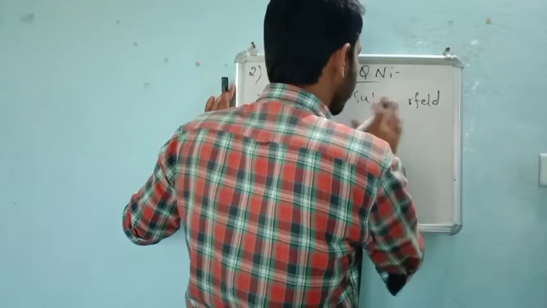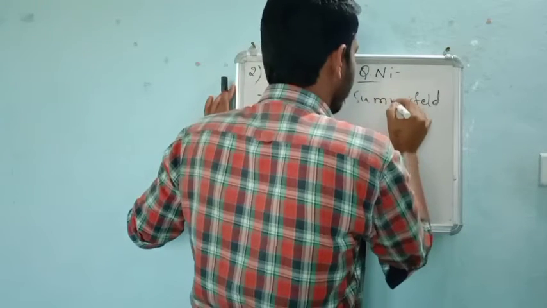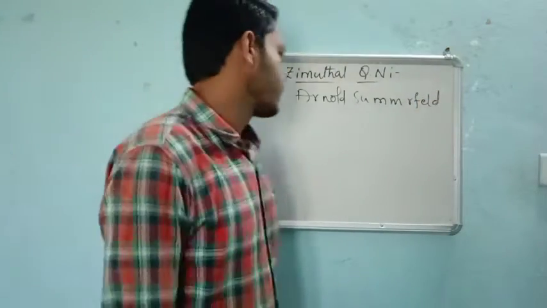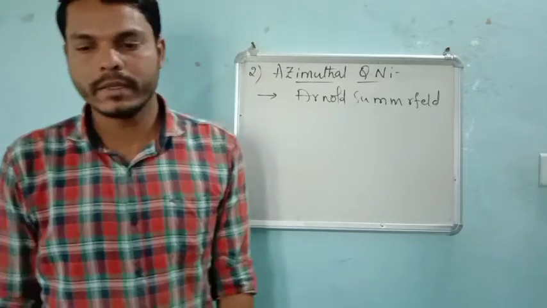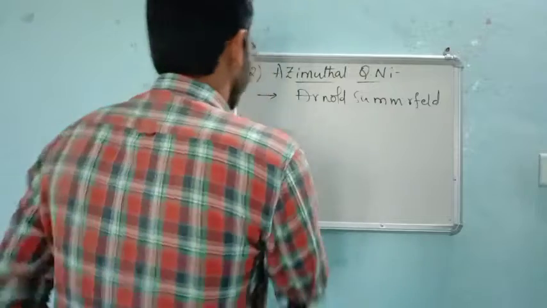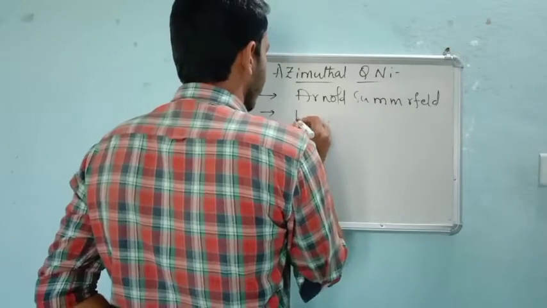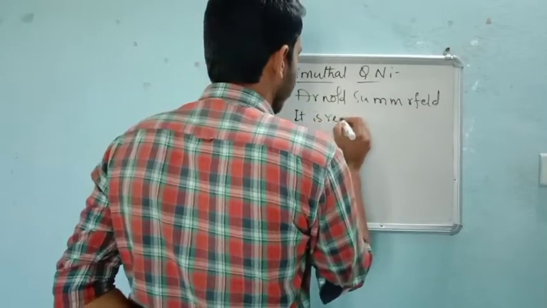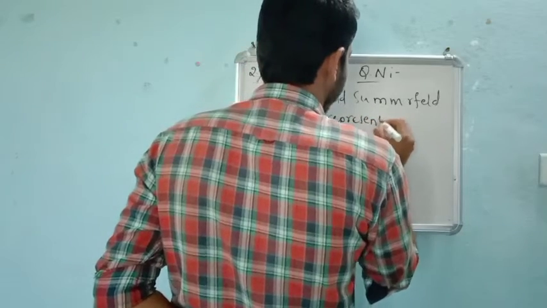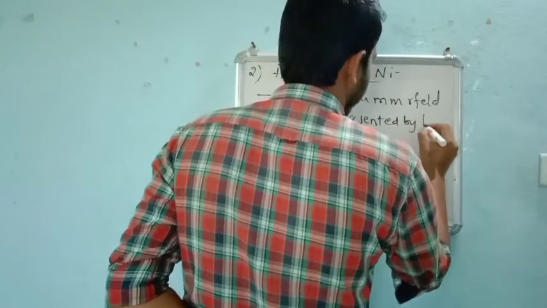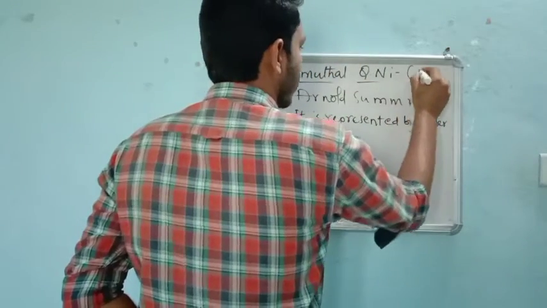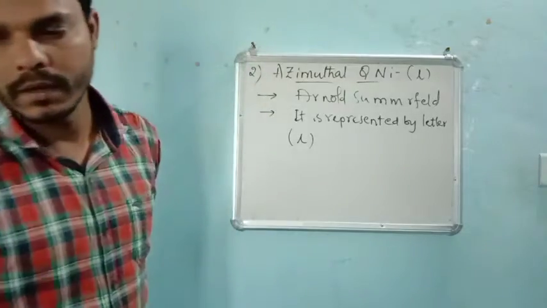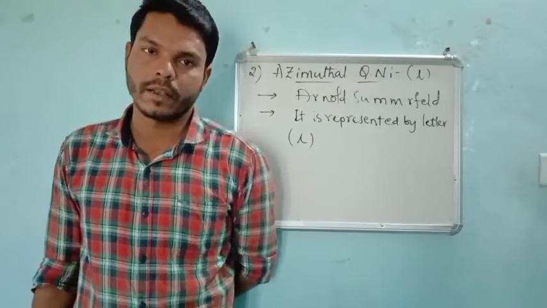He discovered the azimuthal quantum number, and it is represented by the letter small l. Representations are very important.